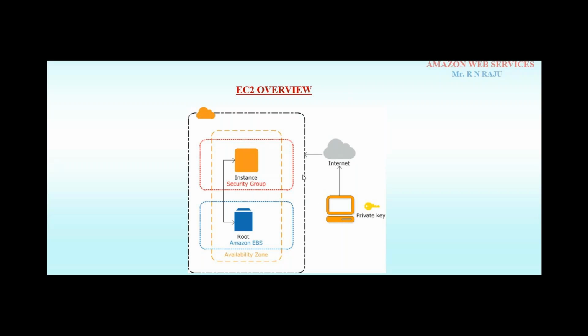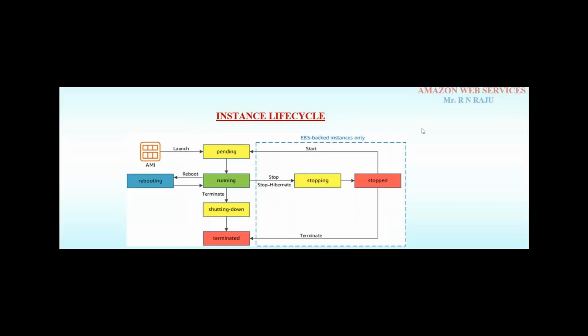While connecting to the instance from your laptop or desktop, you will use the private key and connect over the internet to the AWS cloud to manage your AWS resources. So this is the AWS architecture.